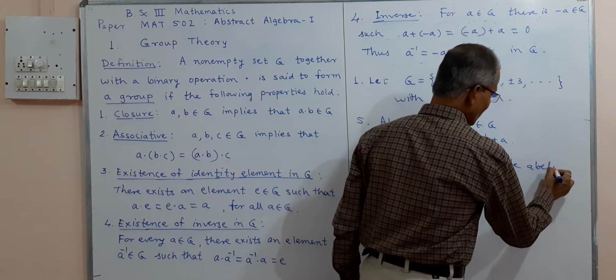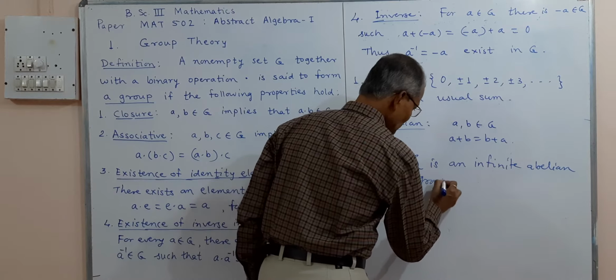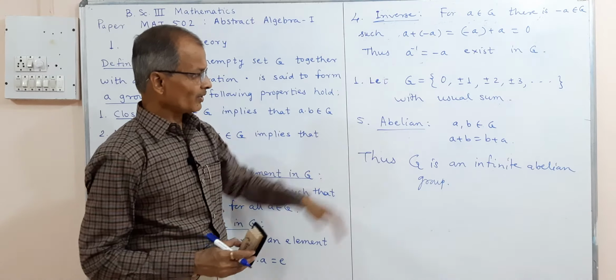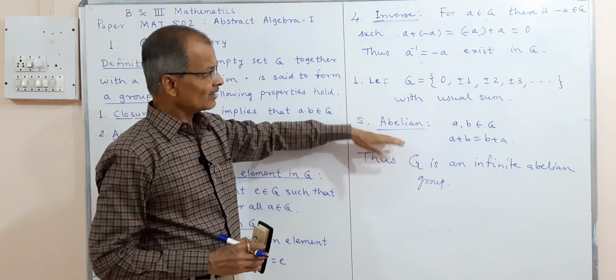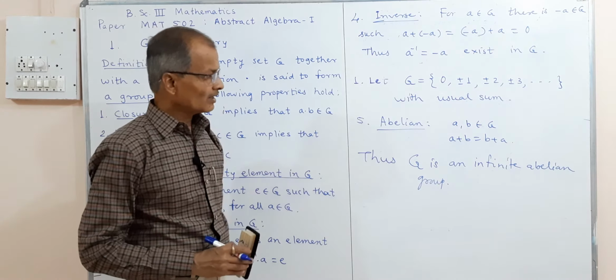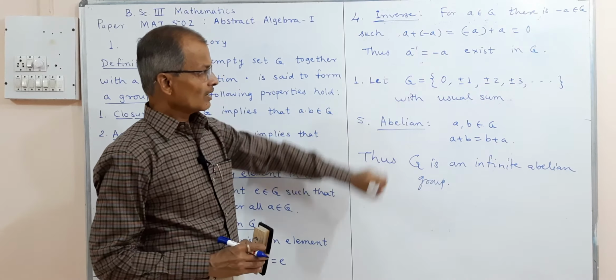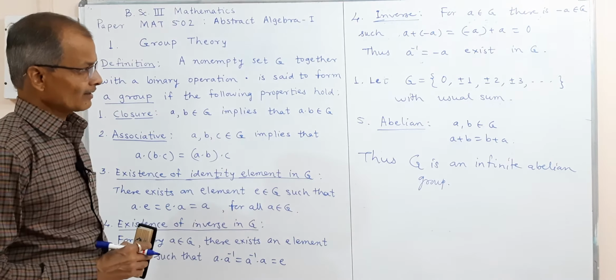And one more thing we may consider, this is optional: the commutative property or abelian property is optional. If this does not satisfy, then it also forms a group which will be non-abelian. But here it satisfies the commutative property, and therefore this forms an abelian group with usual addition.